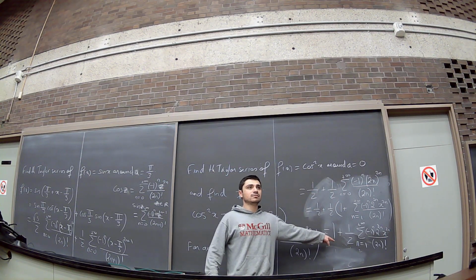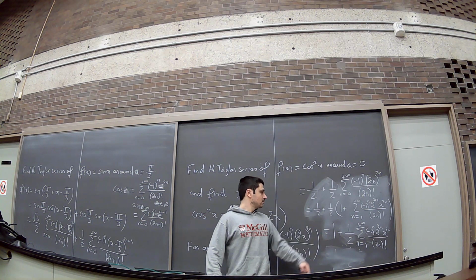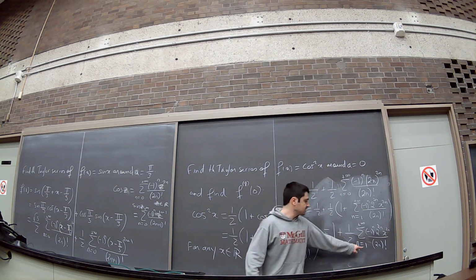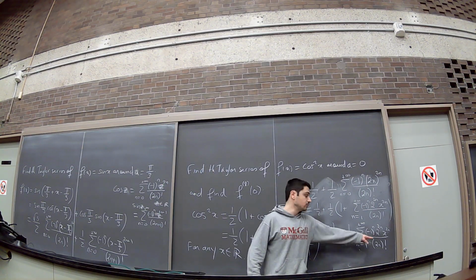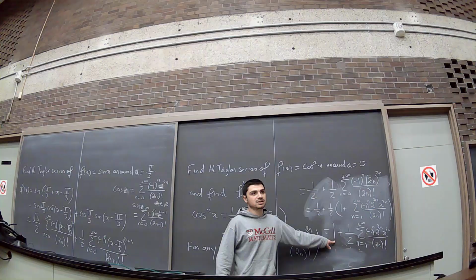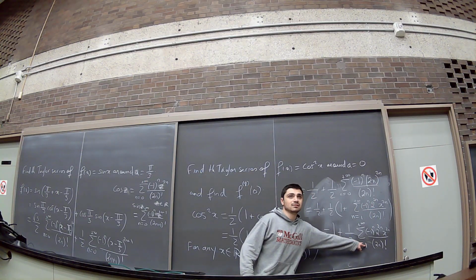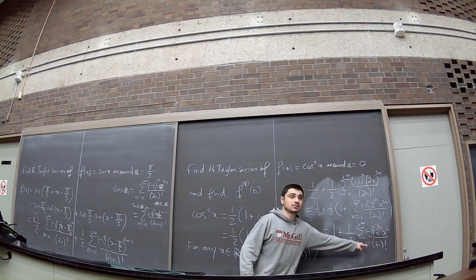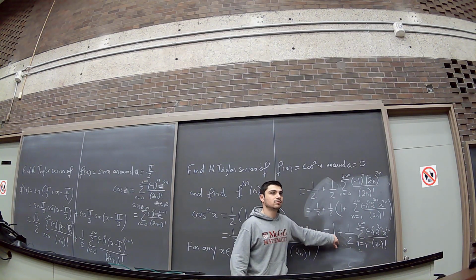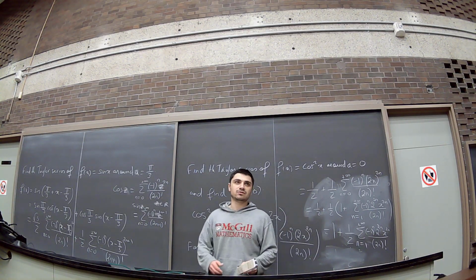Until here, we're good? Now here, what is the minimal degree? No, the minimal degree is not 1. It's 2, right? Do you have any degree 0 term in this one? Do you have any degree 1 terms in this one? You have no degree 1 term, right?